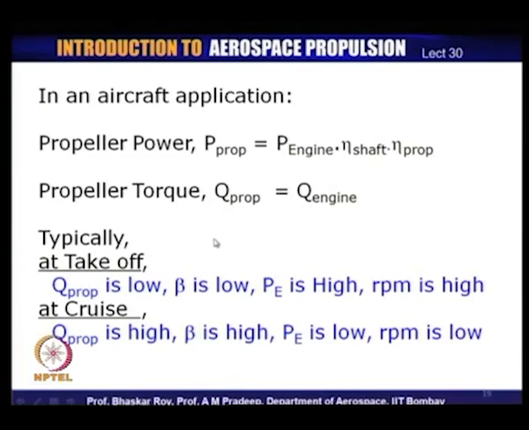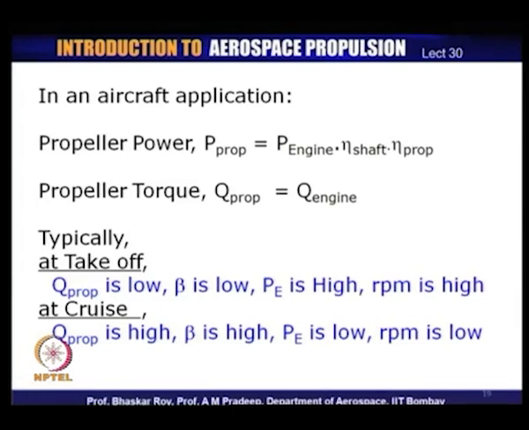Typically, during takeoff, the torque requirement is low, the blade setting angle or the pitch angle is low, the power required is high, and the RPM is high, because during takeoff you require very high thrust.